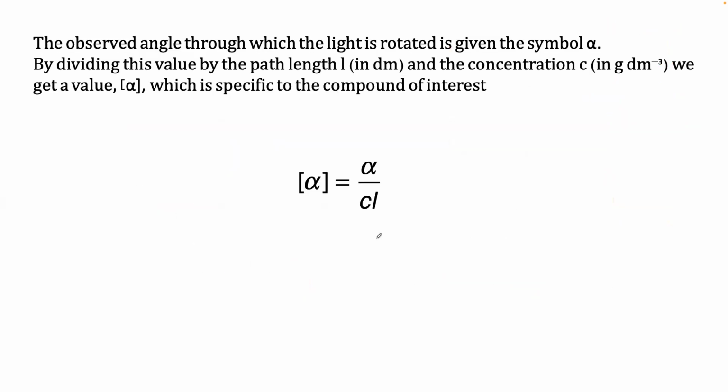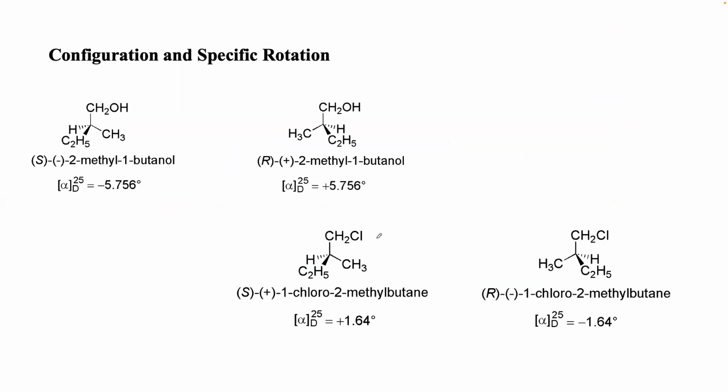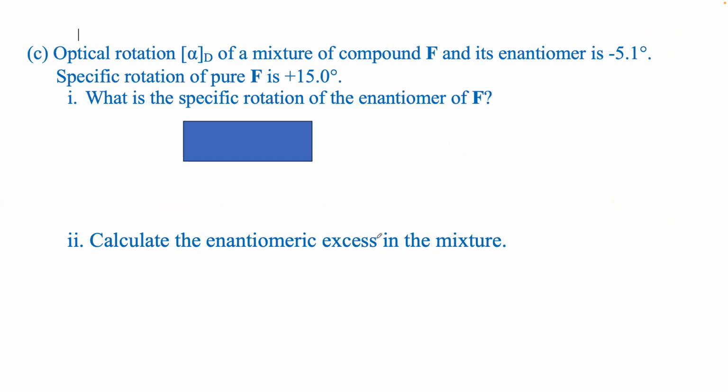Okay, so in the question it says optical rotation or alpha D of a mixture of compound F. So it already says mixture of compound F. That means it's not a pure compound. So you have both enantiomers in the mixture.